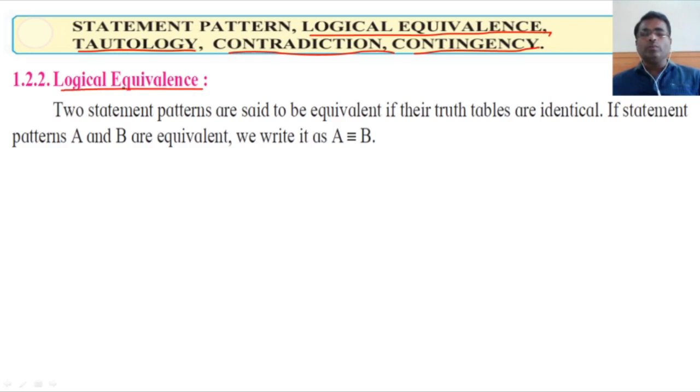What is the meaning of logical equivalence? Two statement patterns are said to be equivalent if their truth tables are identical, and if we have two statement patterns, capital A and capital B, then their logical equivalence is denoted by A ≡ B. This notation is called equivalent to.